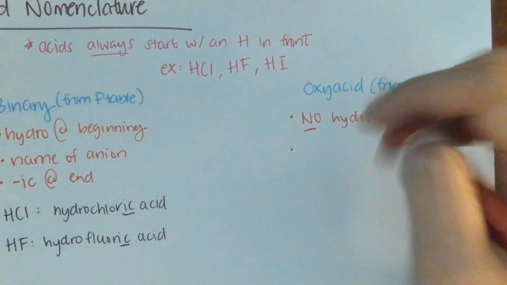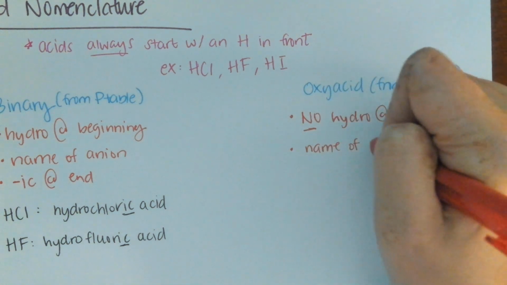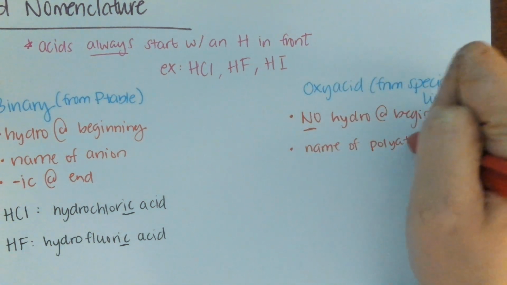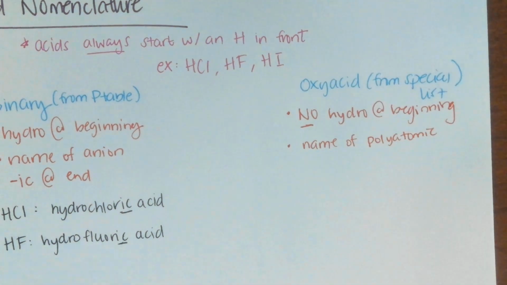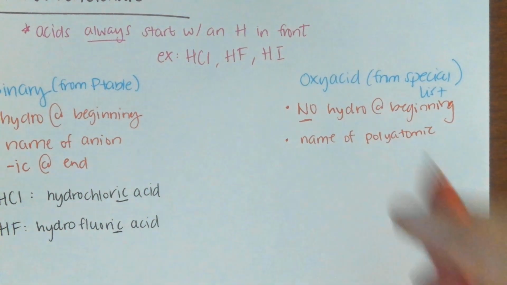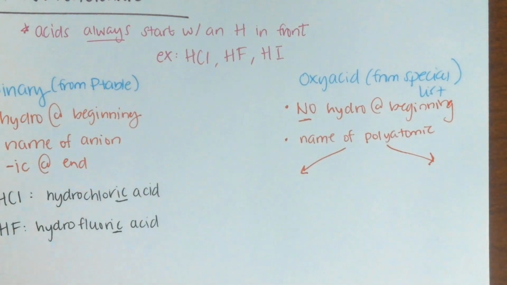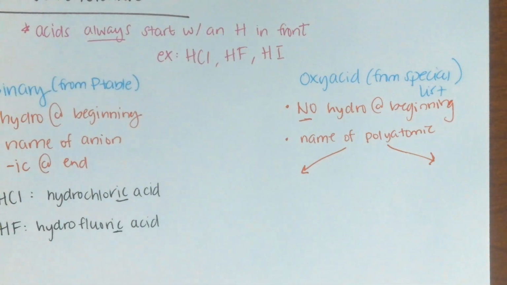Alright, so you put the name of the polyatomic. And then depending on the ending of your polyatomic, it has different endings. So I'm going to branch out a little bit this way and this way. Use a different color here.